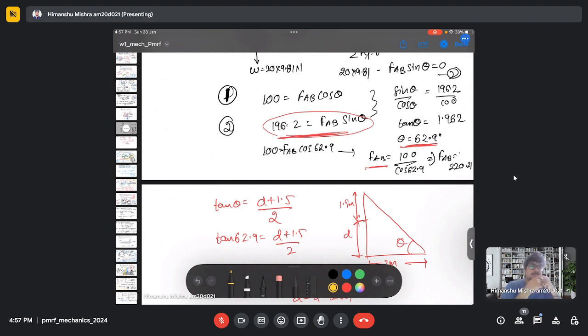But if you try to solve all these questions, I hope you will be able to solve those questions as well, because the methodology is the same. Even in those questions you have to do the moment and force balance only.